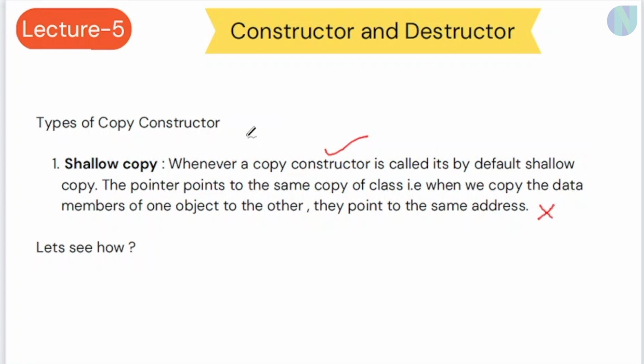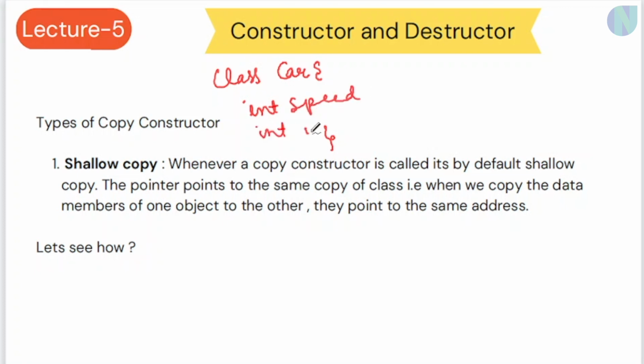Now let's see using an example what all things are taking place. So basically let's create class car. This car class has the variables int speed and int weight.